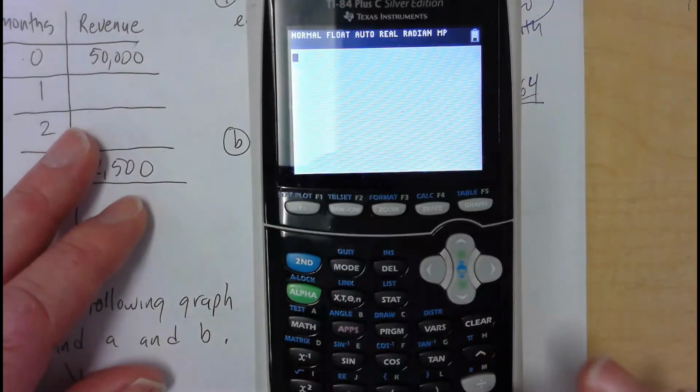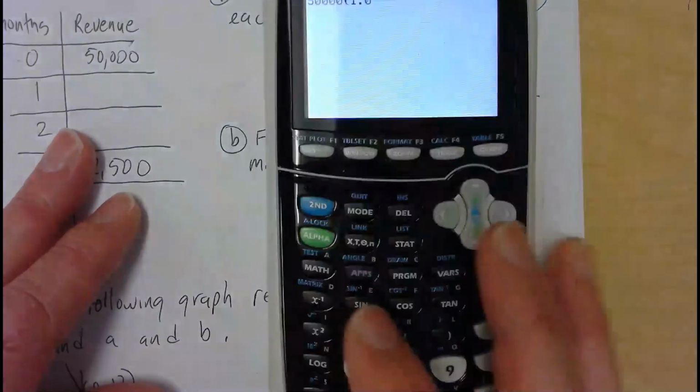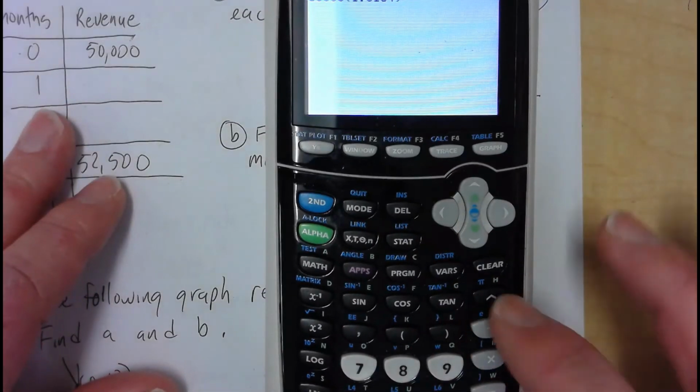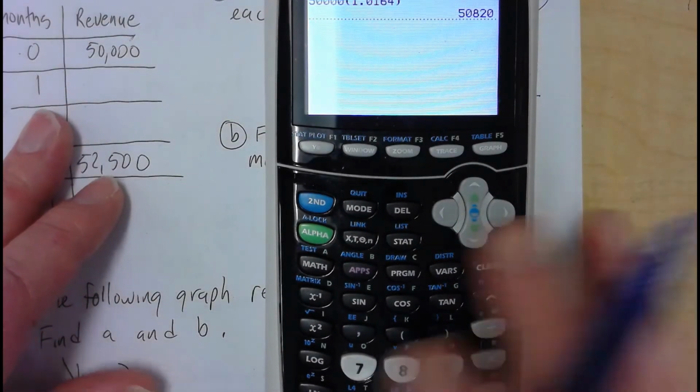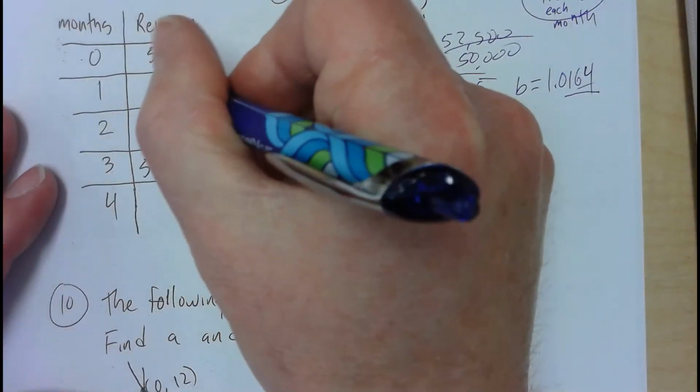So we just have $50,000 as my starting amount, and I do 1.0164 to the power of 1 for 1 month. So that's 50,820.